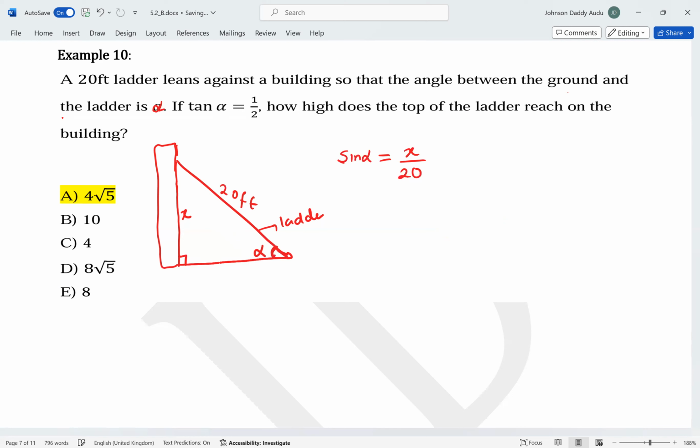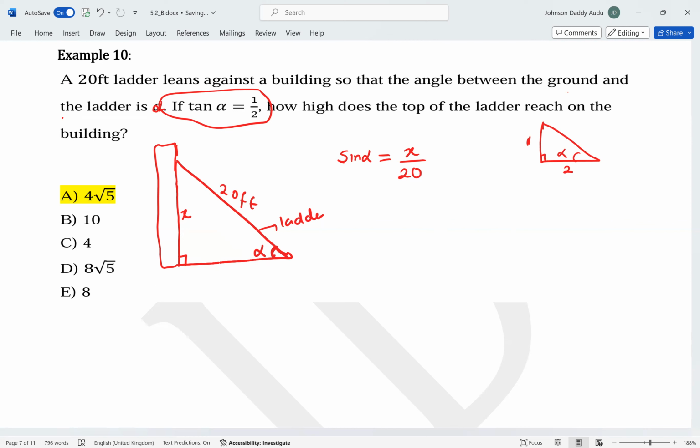I said sin alpha is x over 20. This is clear. Now, look at this information that you are given. You can just come here and create another small triangle, call it alpha, and use this information. This is going to be 1 over 2, because tan alpha is opposite over adjacent.